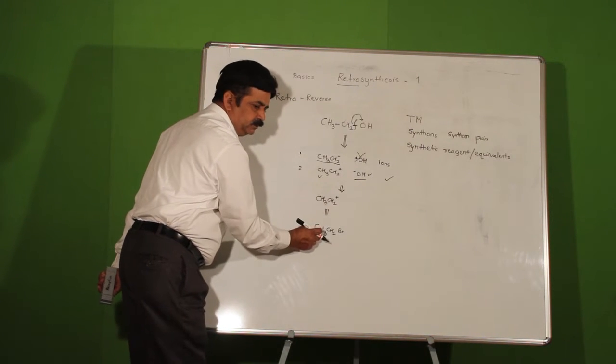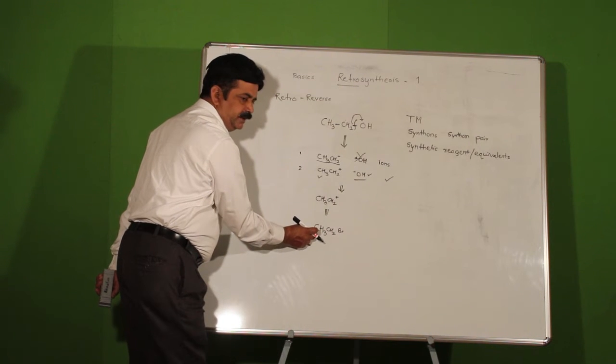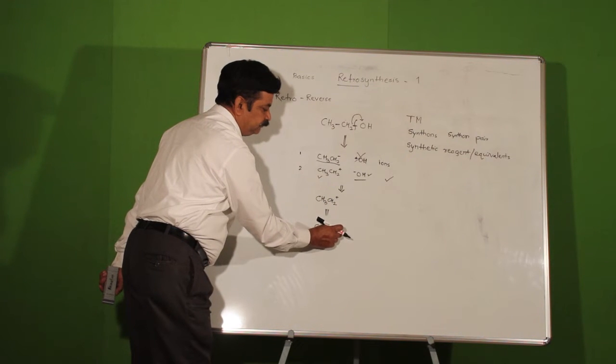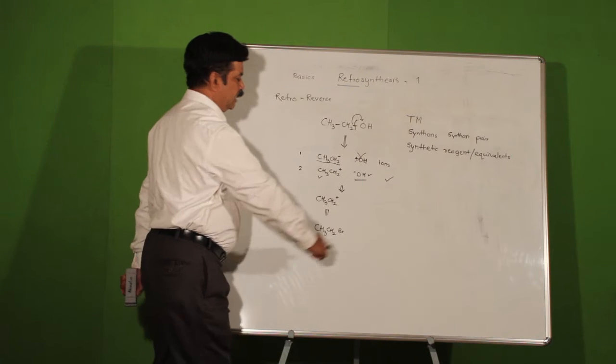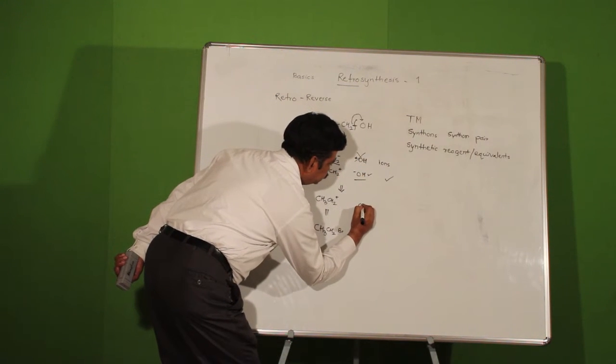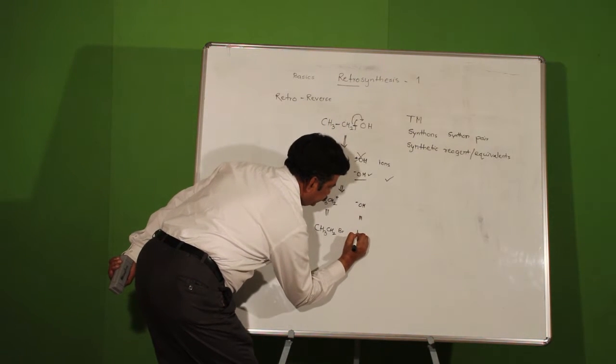Br is more electronegative than this, so any electronegative group will take away electrons from this, and this will become positive, this one will become negative. For OH minus, there are n numbers of alkalis which are equivalents like NaOH.